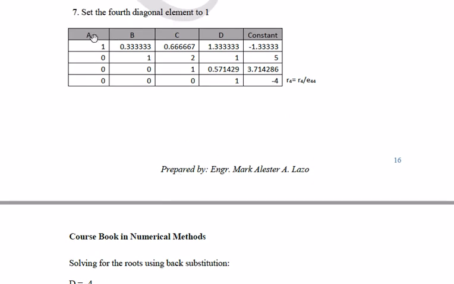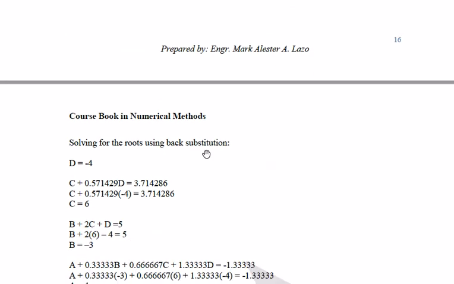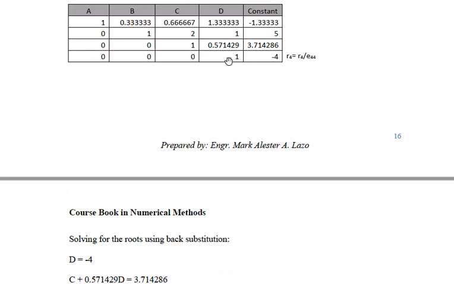Take note that this one corresponds to the value of D. If we translate it to its equational form, this one gives the value of D. So D equals negative 4.